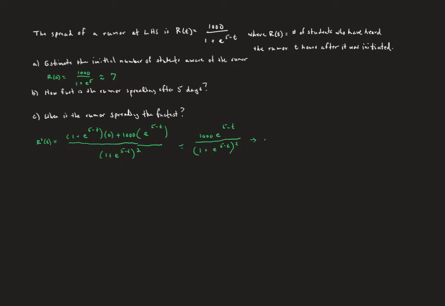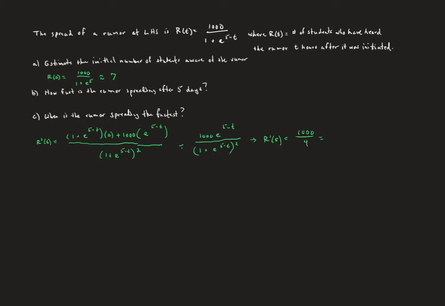So from there we want R prime of 5. I think we can do this without a calculator actually. So we're going to get 1,000 on top because 5 - 5 is 0, e^0 is 1. Likewise in the bottom, we're going to get e^(5 - 5), which is e^0, which is 1, plus 1 is 2, squared is 4.